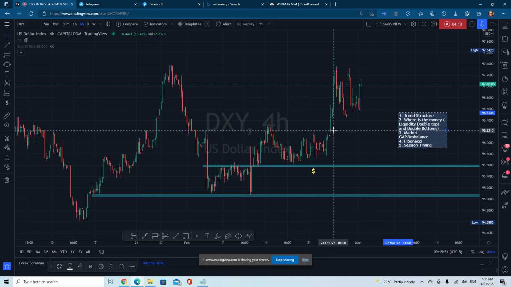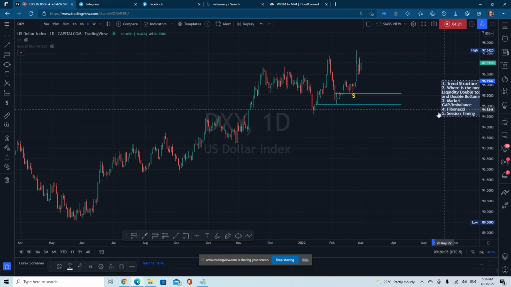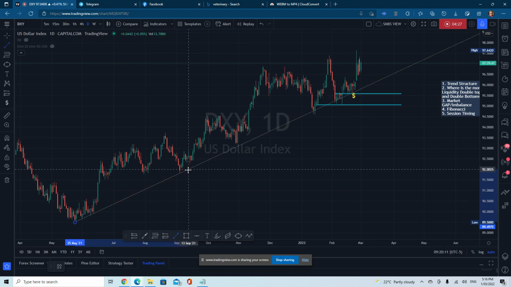For you to get the trend structure, you have to be looking at the market either from a 4 hour time frame or the daily and above. So for example, if you look at this market on a daily time frame, this shows us that the market is on an upward trend.